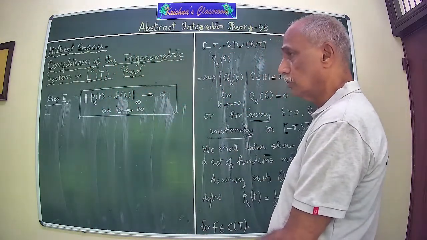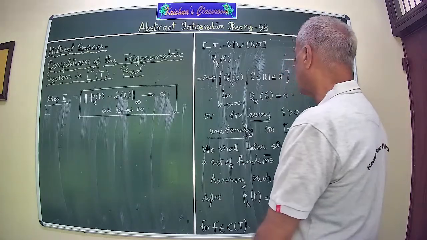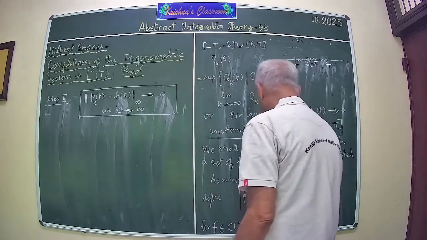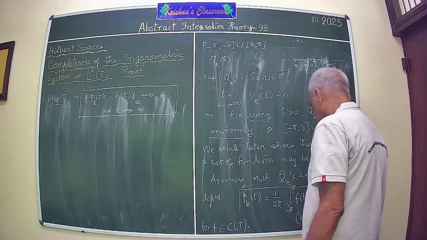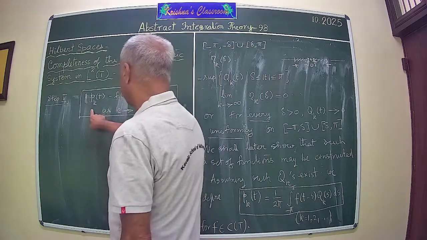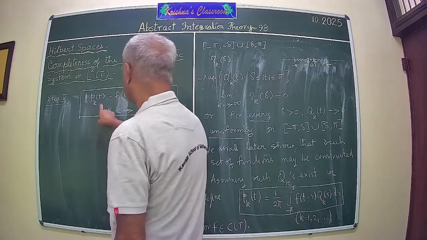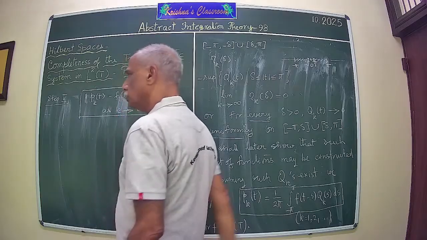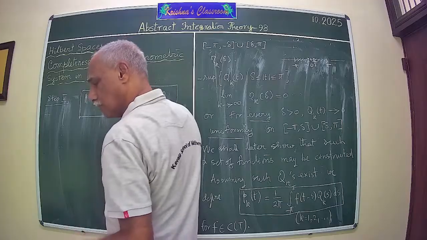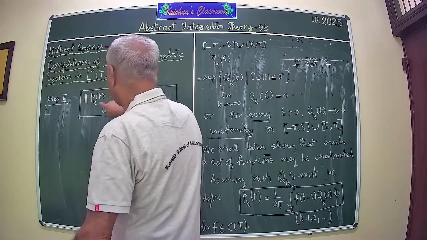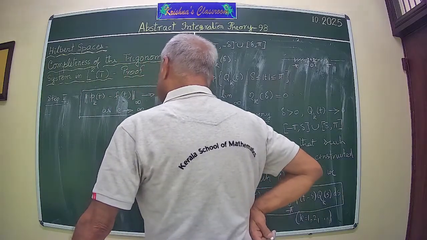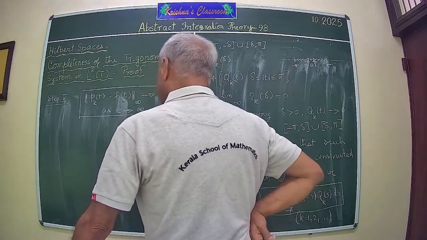We have to eventually demonstrate that such functions do exist. If so, we define Pk(t) as above and prove that such functions have the property that the sup norm of Pk minus f equals 0 in the limit, or in other words, this class of functions gives an approximation to f as closely as you want, as k tends to infinity. So this is what we want.